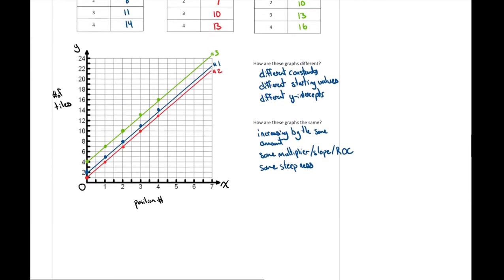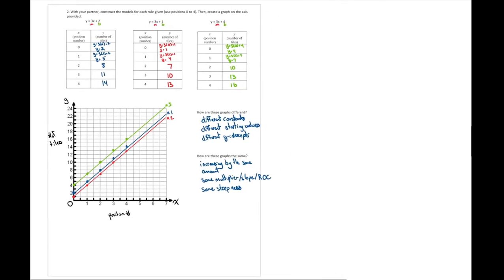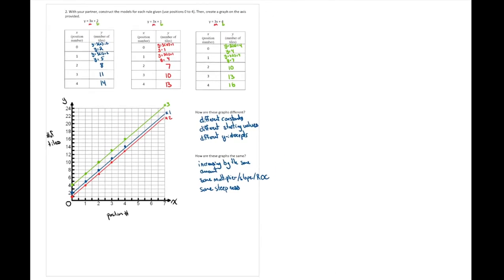So that is it for this investigation. We are going to do a quick summary, but I'm going to do that in another video. So again, this investigation was looking at how we go from a pattern or a rule to a graph.